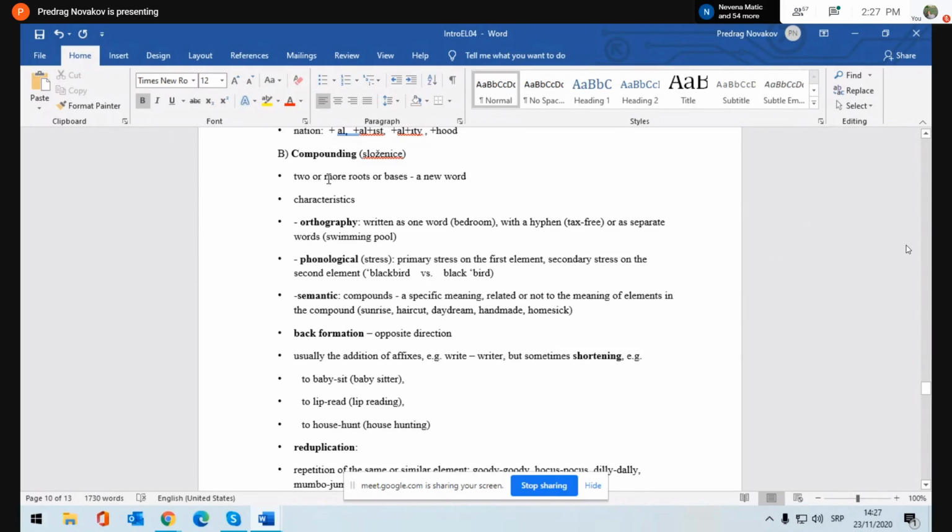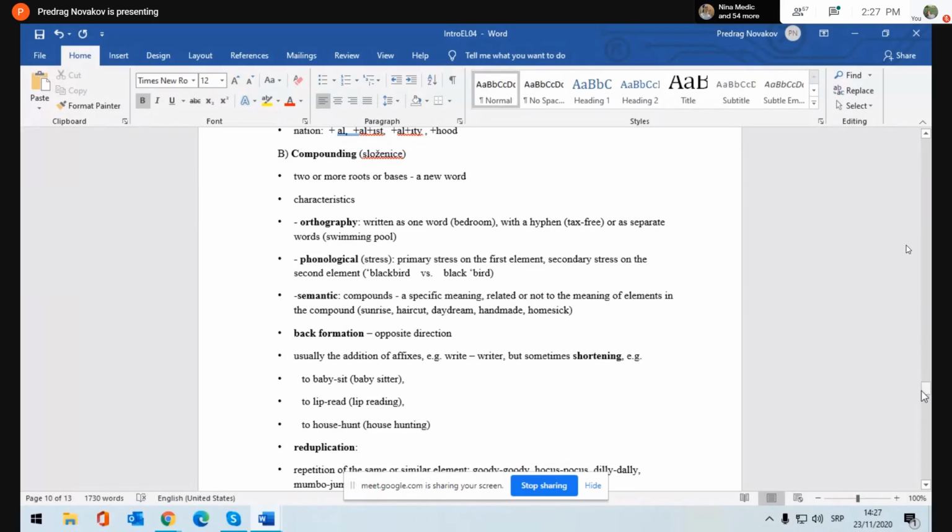So the very simple definition, we combine 2 or more roots or bases to create a new word, which means we do not add affixes, we do not add prefixes or suffixes, we combine roots or bases to create a new word. That's why they are called compounding, okay?